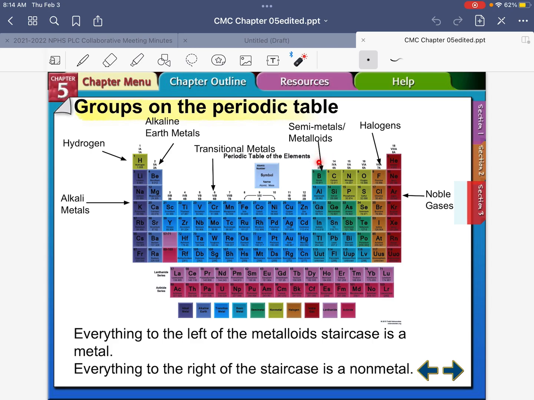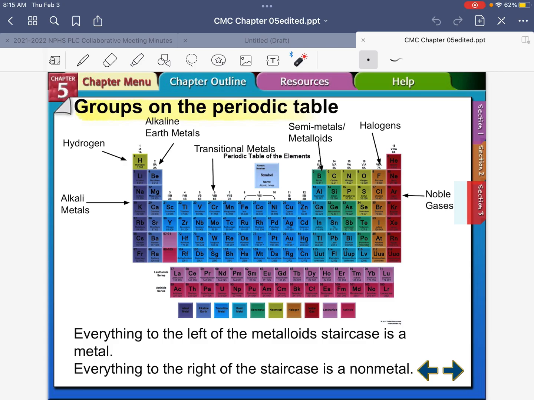So if you look up here, you have your semi-metals and metalloids, and then this staircase here is what I'm trying to point out. Everything to the left of this staircase is a metal, and everything to the right is a non-metal. Now, I do want to point out too that hydrogen, which is over here, is a non-metal as well. It's normally classified as a non-metal.